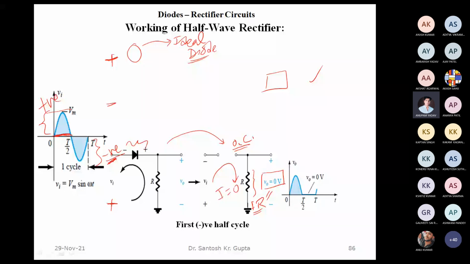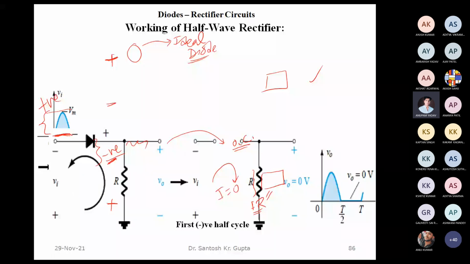So this is what is shown here. For the first positive half cycle, we have the output equal to the input voltage, whereas for the next half cycle here, we have the output voltage equal to 0 volt.